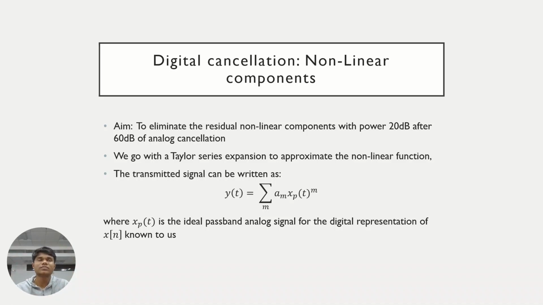So we make the assumption that the analog version is exactly what we think it is going to be, which is xp of t, the ideal analog version.